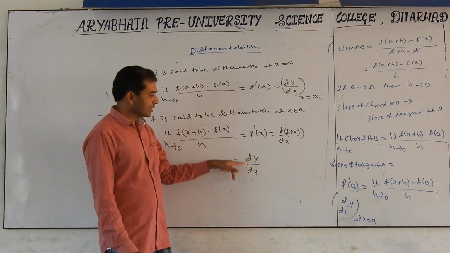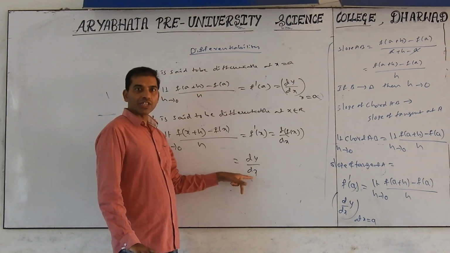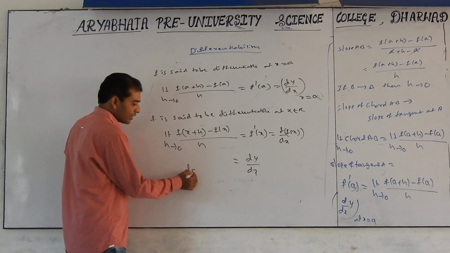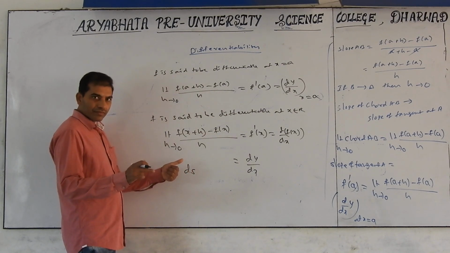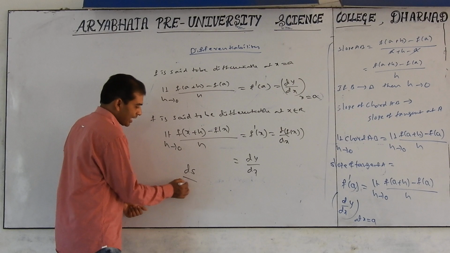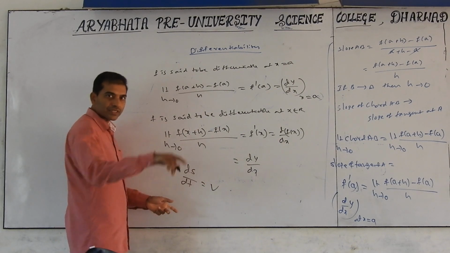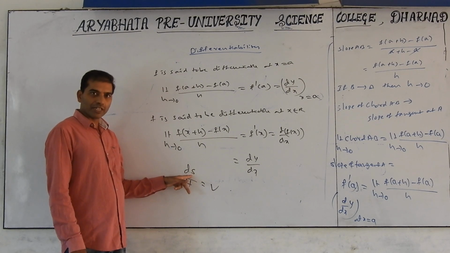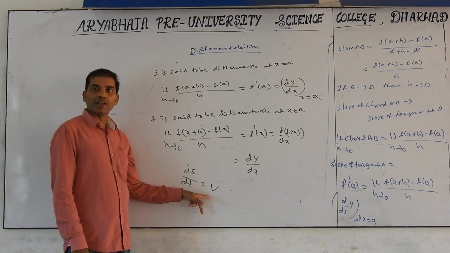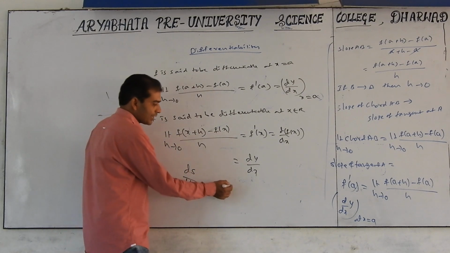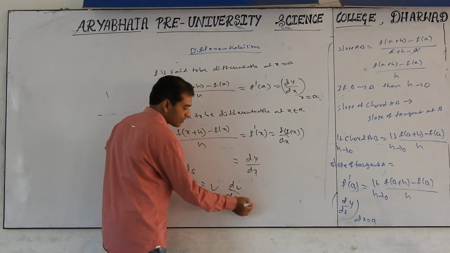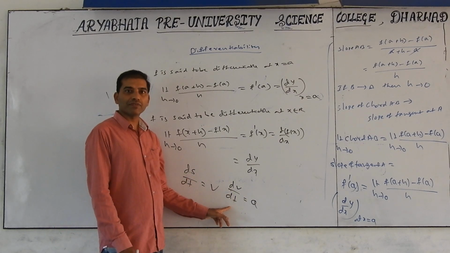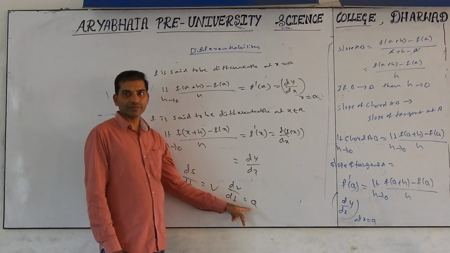So dy by dx is the derivative of y with respect to x. For example, the derivative of displacement with respect to time, ds by dt, is velocity. Similarly, dv by dt is acceleration. The derivative of v with respect to time is called acceleration.